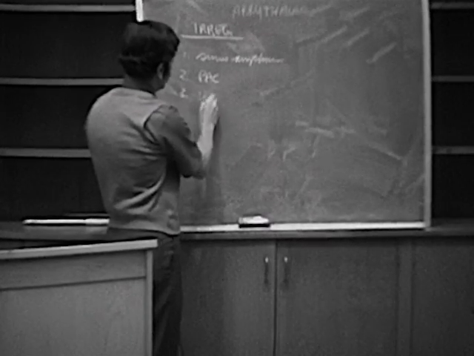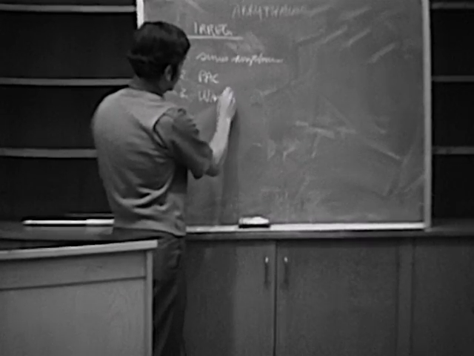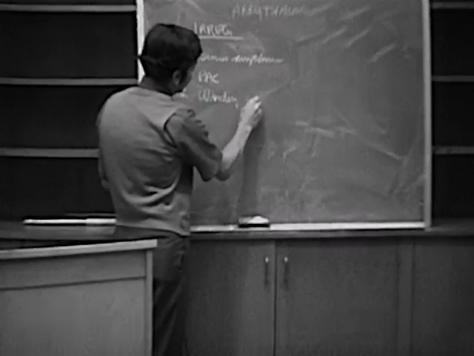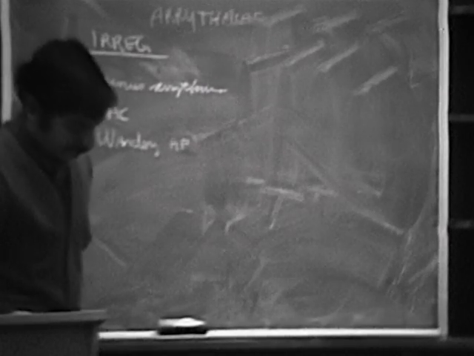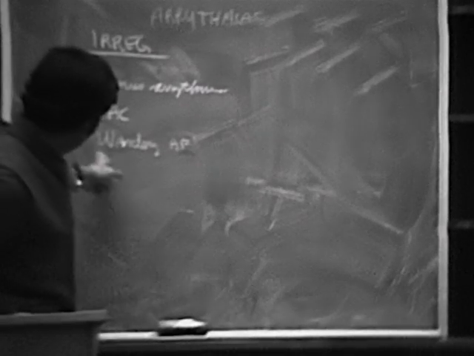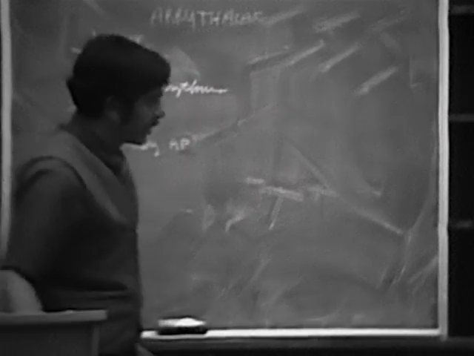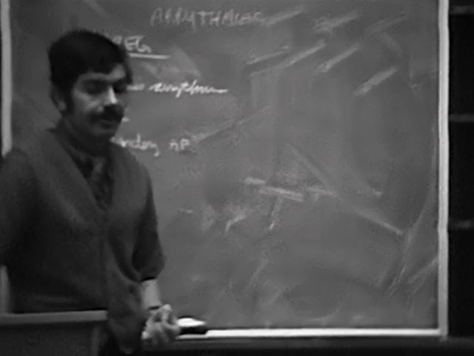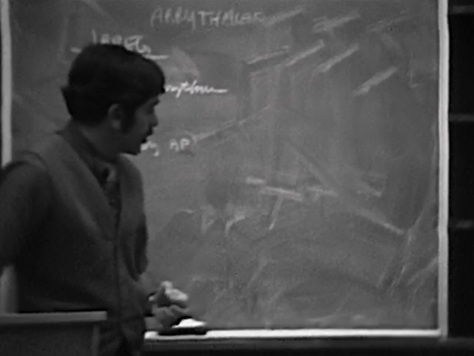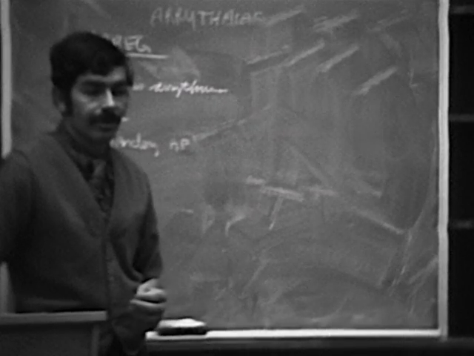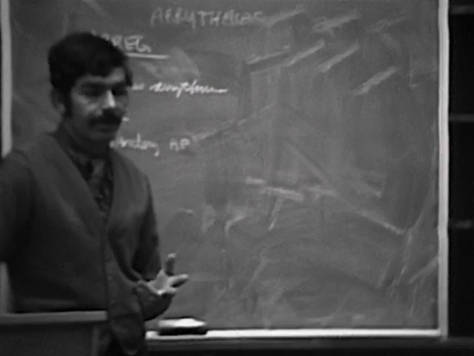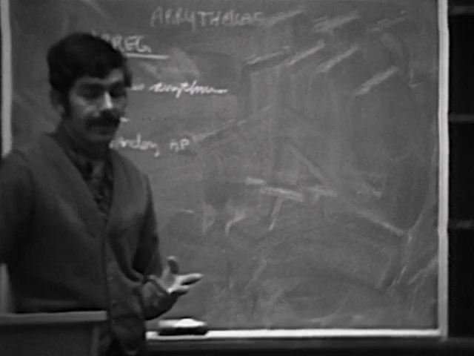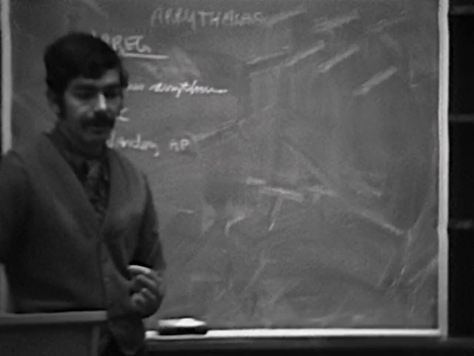Okay, then you have something that they call wandering atrial pacemaker. And here you have ectopic atrial foci from at least two different positions in the atrium. So you have P waves of at least two different configurations, other than the normal, with different PR intervals.